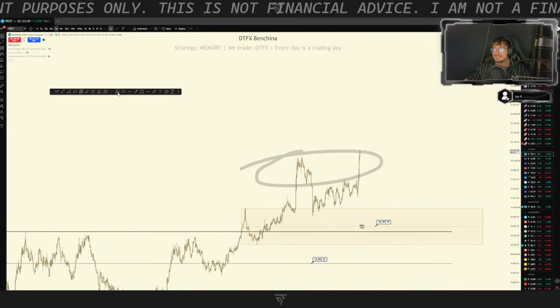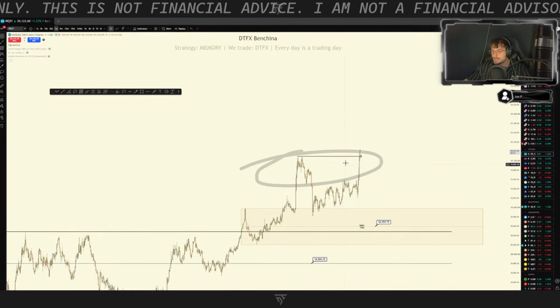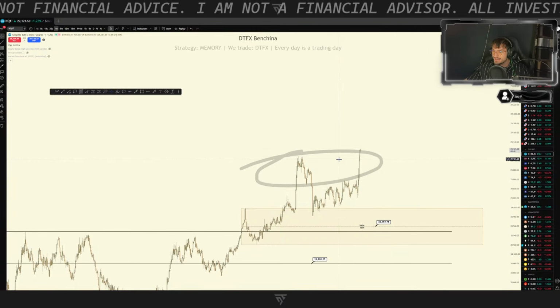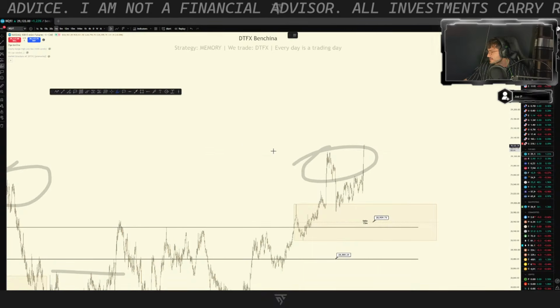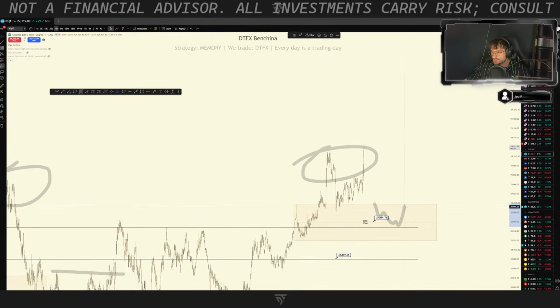But that's not what I'm expecting of the market. I'm expecting that the market is gonna be moving. I'm not expecting anything else. That 15-minute SNDR, that's the SNDR that I'm looking for a possible rejection from.